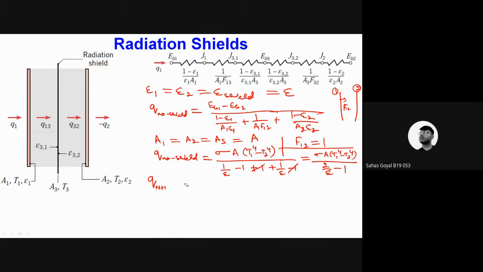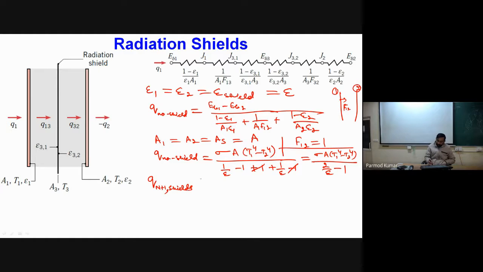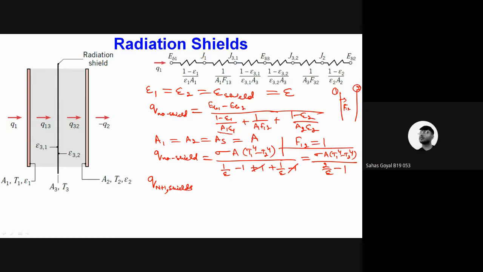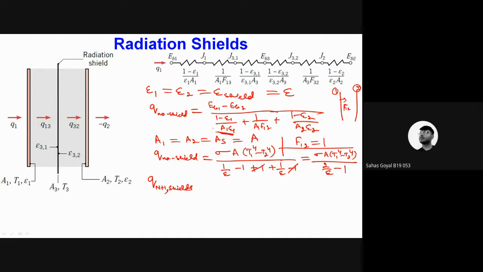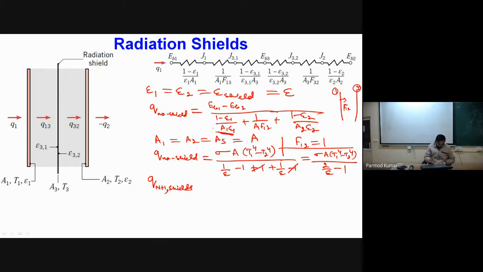Sir, here we have also considered our body to be black body, right? No, sir, we are considering surface resistance. So then how did we write sigma A T1 raised to power 4 minus T2 raised to power 4 formula? Let me just give you, I think from previous slide you are not recalling.